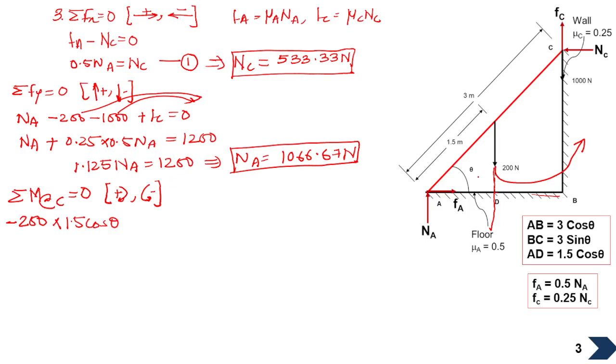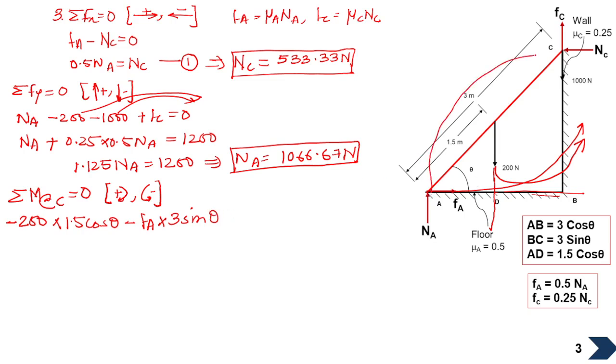Now for this case we have force FA. This will again create an anti-clockwise moment at C, and hence this will be negative FA. And since this is horizontal, we'll take the vertical distance BC, and BC we have 3 sine theta. So we'll apply 3 sine theta. Now we'll take this force NA.